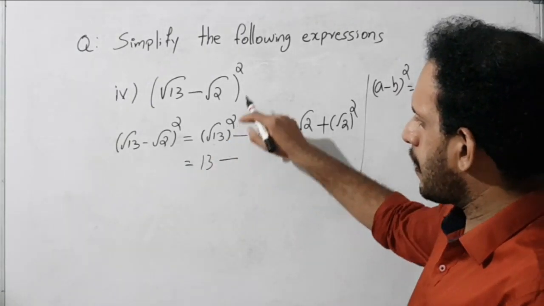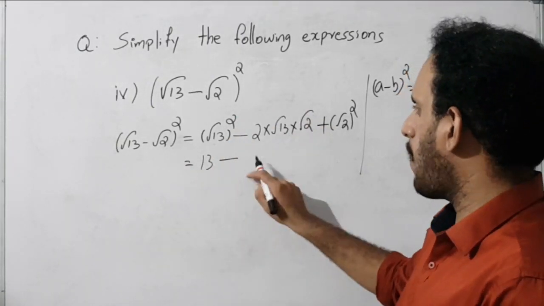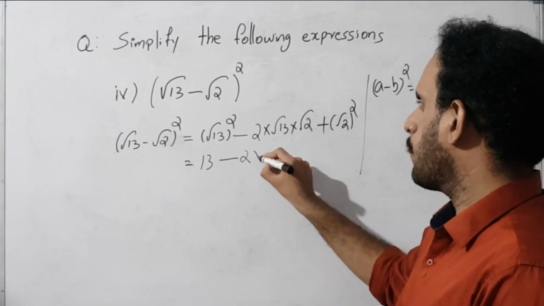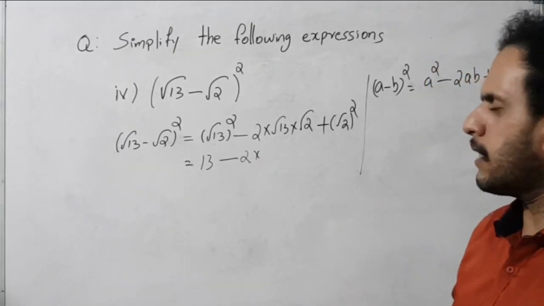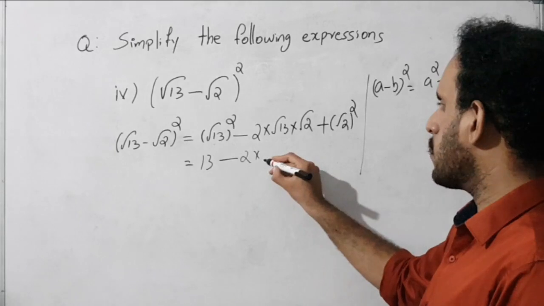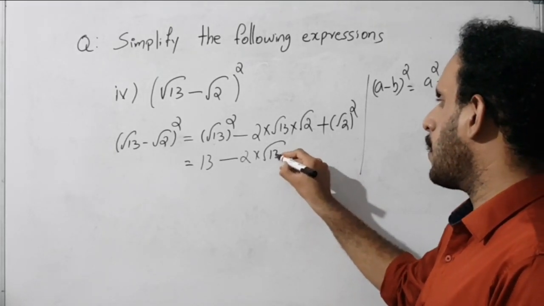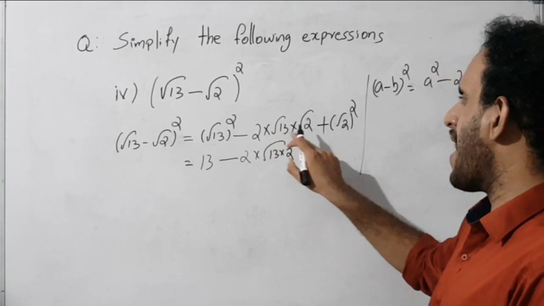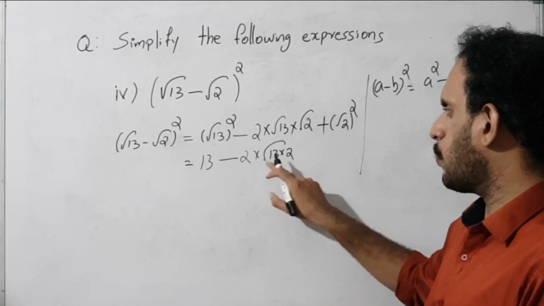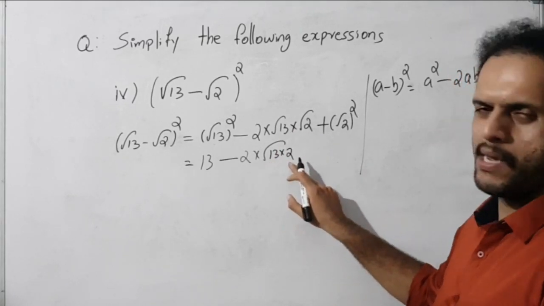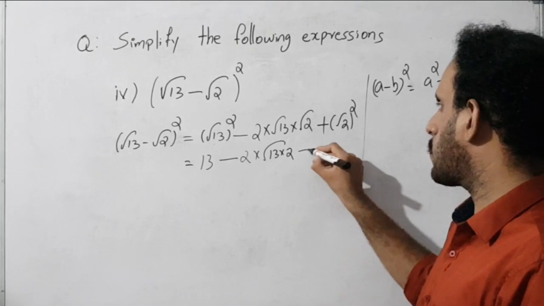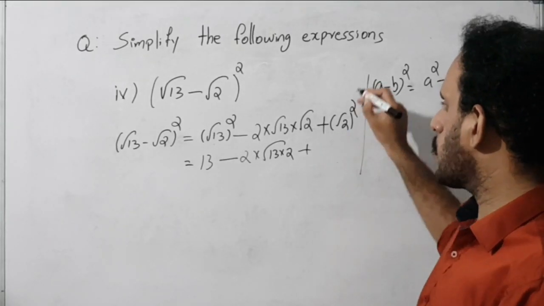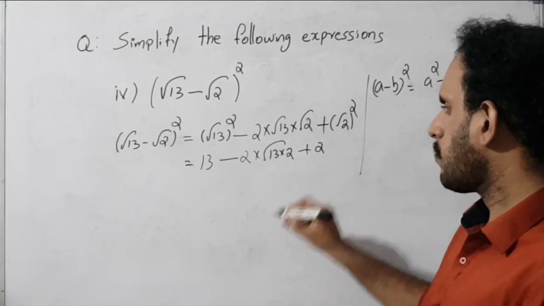So root 13 whole square is 13, minus 2 into, how do we multiply root 13 into root 2? That one is root of 13 into 2. Root a into root b is equal to root of a into b. Correct? So plus root 2 whole square is 2.